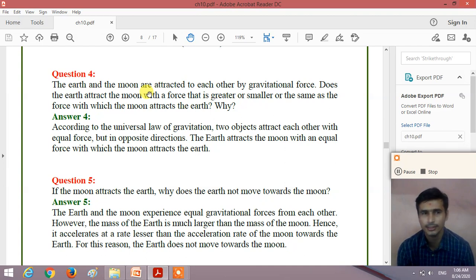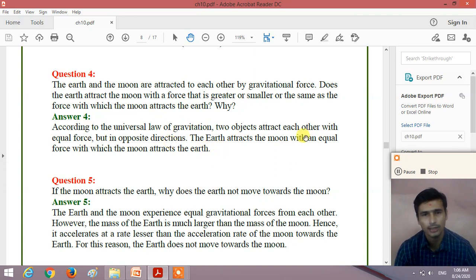Now the question is whether the earth attracts the moon with a force which is greater than, smaller than, or the same as the force with which the moon attracts the earth. So dear student, according to the universal law of gravitation, two objects attract each other with equal force but in the opposite direction.